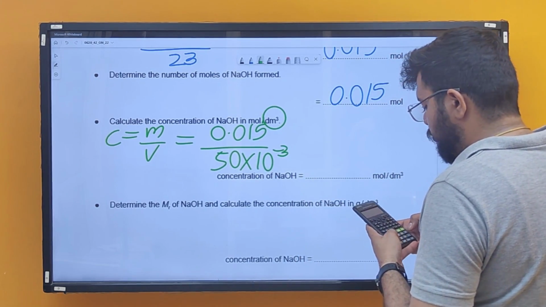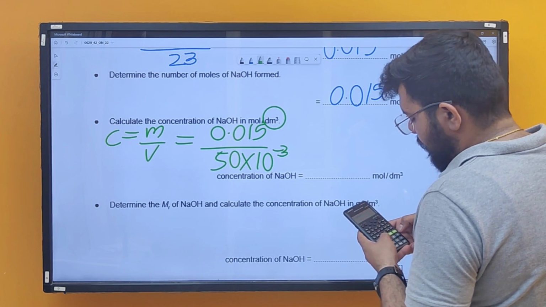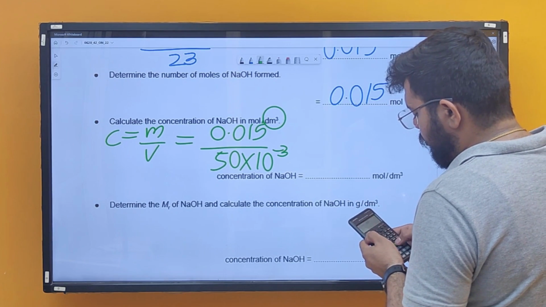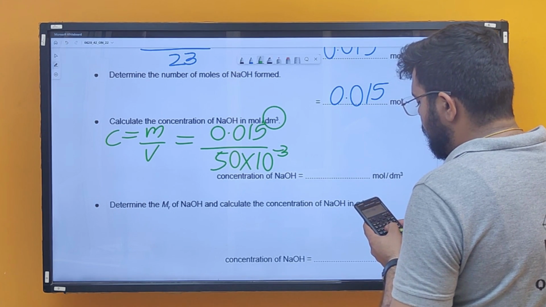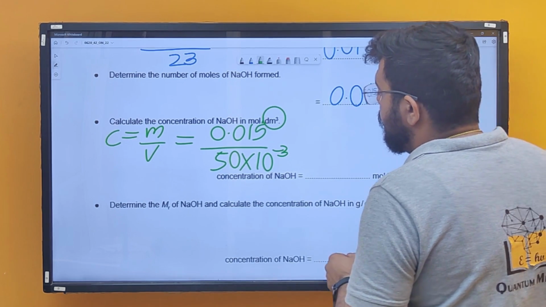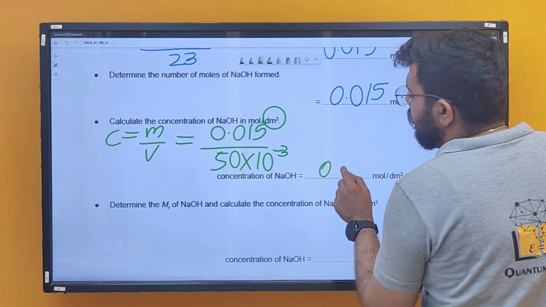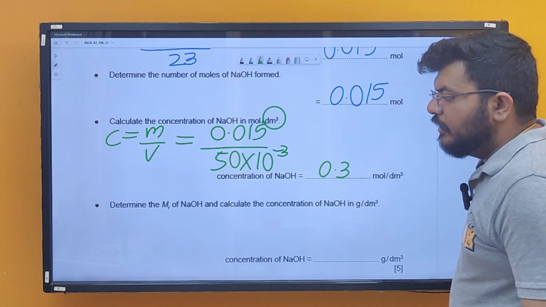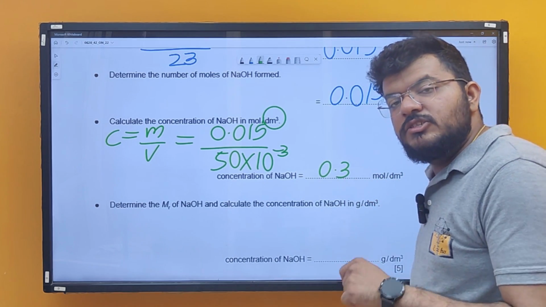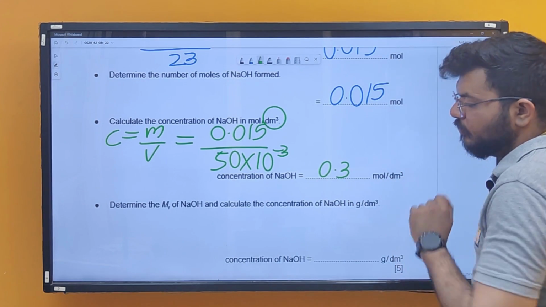So 0.015 divided by 50 into 10 to the power minus 3 gives us 0.3. So the concentration is 0.3 mole per dm cube, but the question was asking us to find out in gram per dm cube.